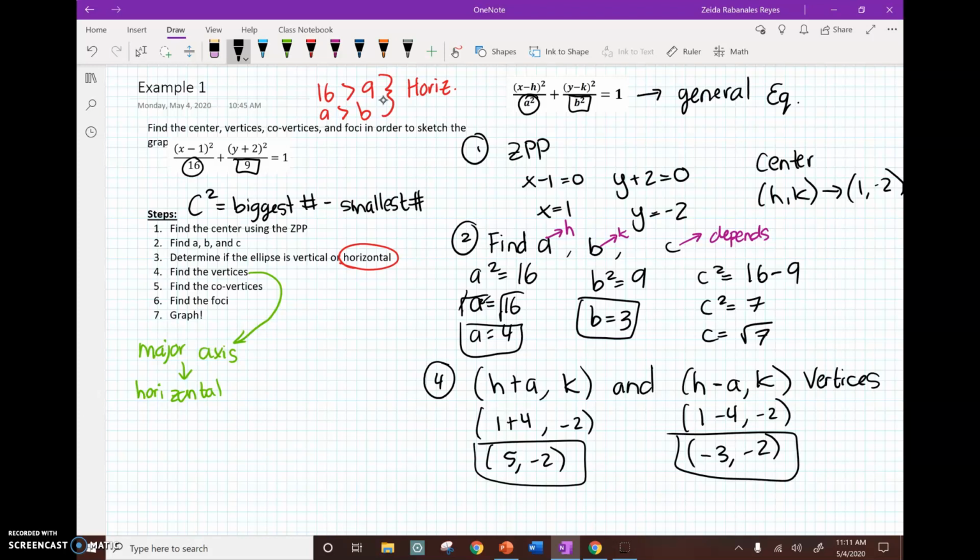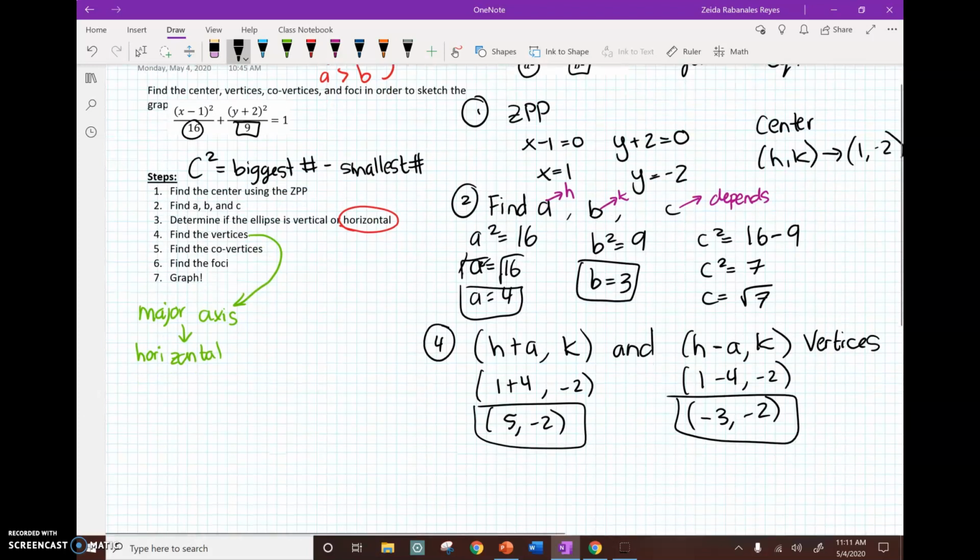Now we're going to go to finding the co-vertices. Because the vertices were on the major axis, the co-vertices are on the minor axis. So step 5, co-vertices.